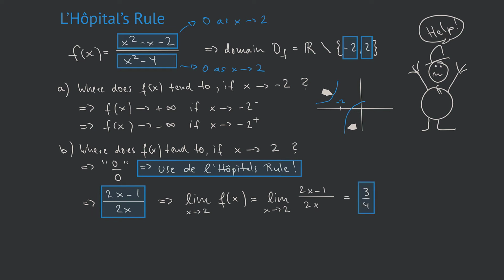So we have found that f of x tends to 3 over 4 as x tends to 2. That means the graph of f looks something like this around positive 2. The little circle means that there is a gap in the domain of f, which is why we don't have a function value at 2, but we could easily close that by continuously extending the function to 3 over 4 at 2.